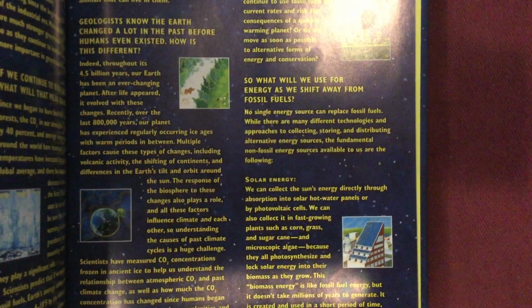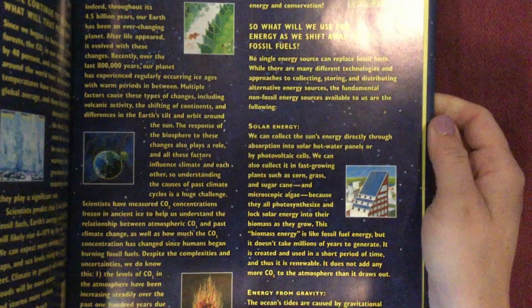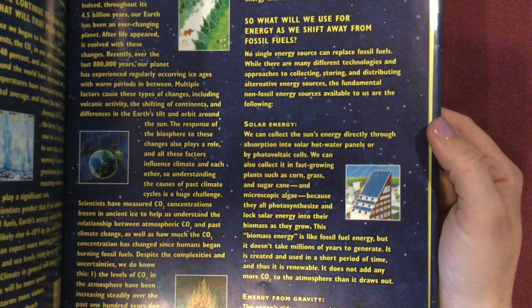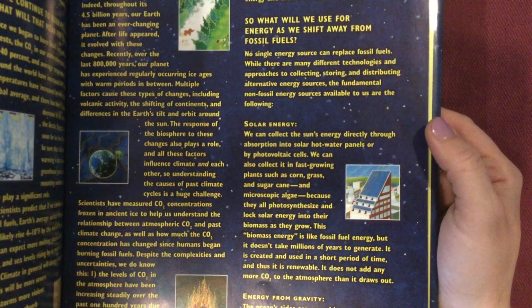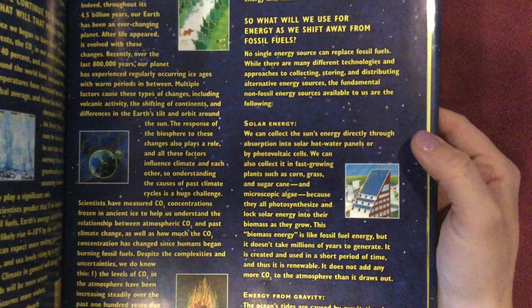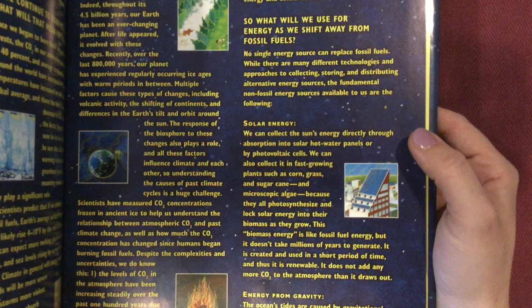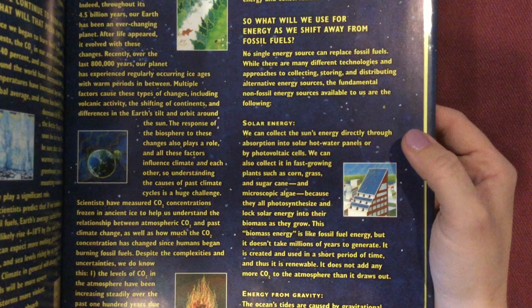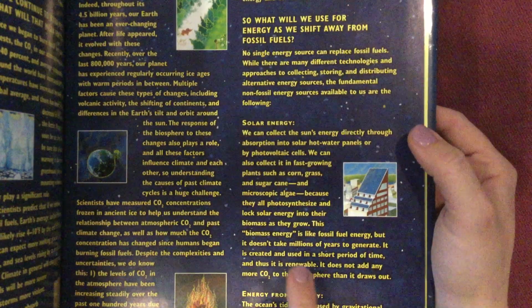Solar energy. We can collect the sun's energy directly through absorption into solar hot water panels or by photovoltaic cells. We can also collect it in fast-growing plants such as corn, grass, and sugarcane, and microscopic algae because they all photosynthesize and lock solar energy into their biomass as they grow.